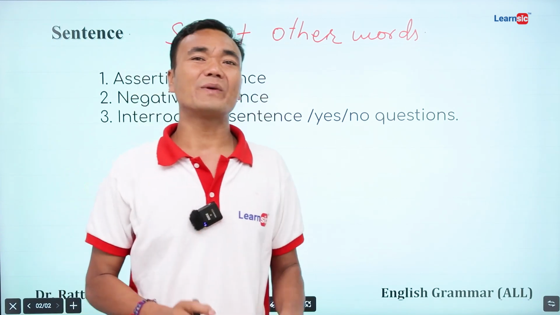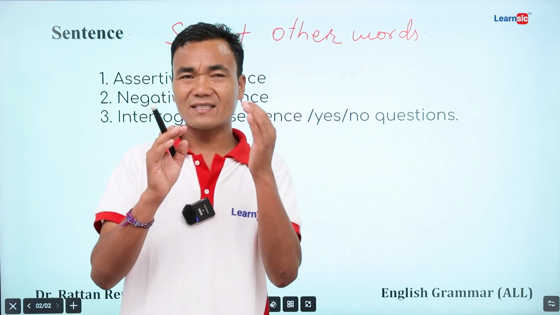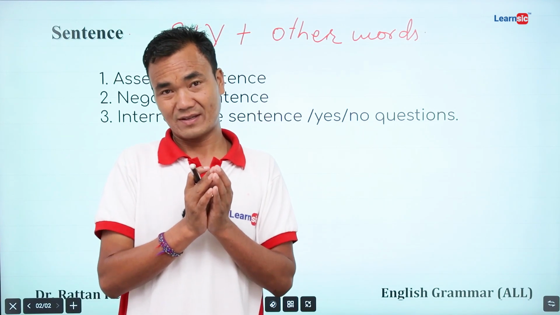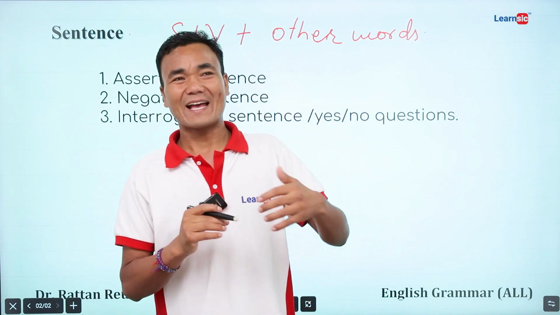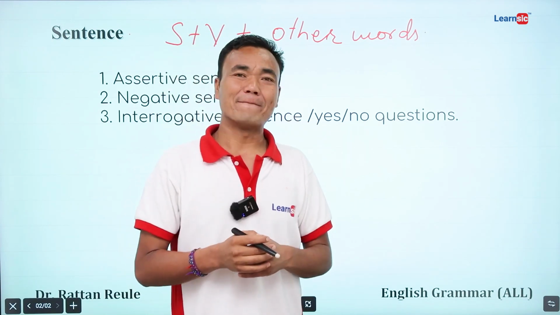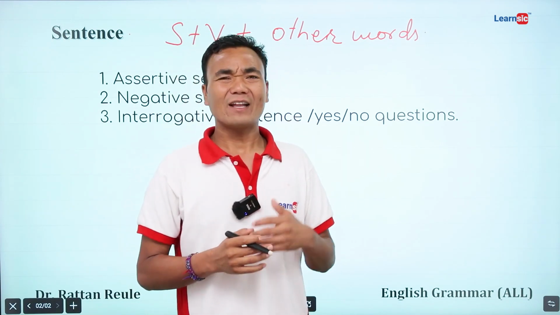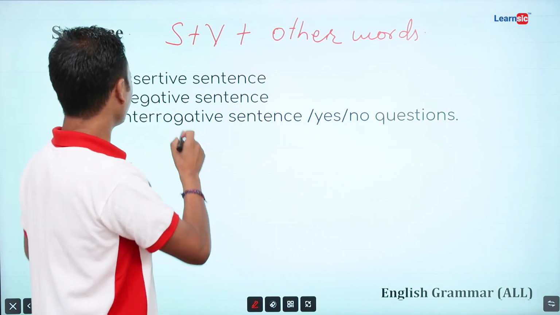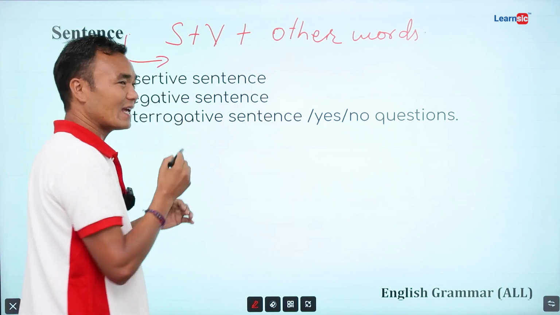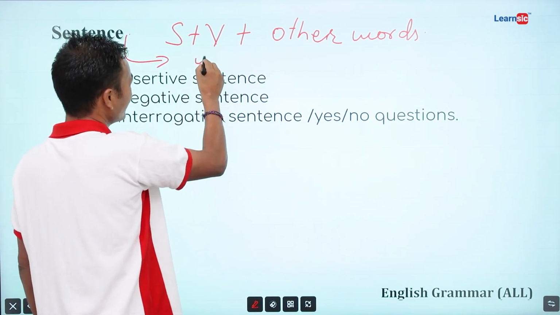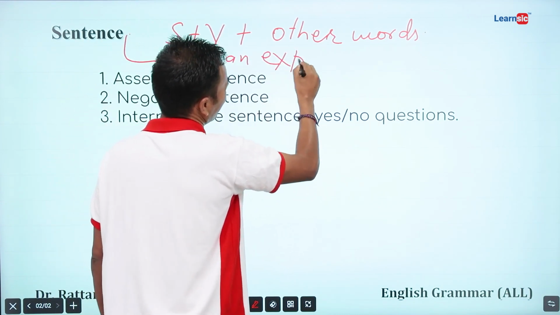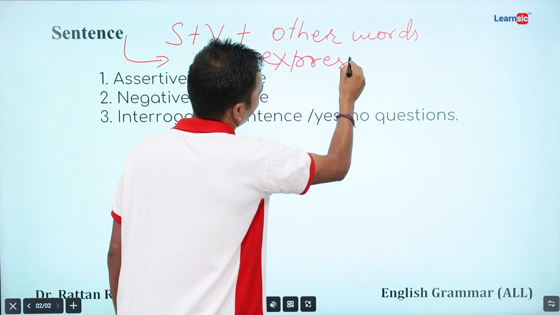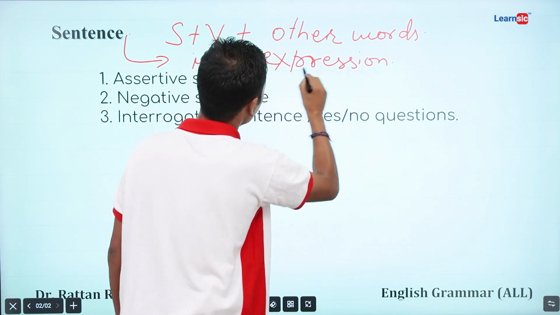At first we can say a sentence is our expression. Expression of anger, expression of happiness, expression of sadness and whatever else. So basically a sentence in any language is an expression. It is an expression, right? So this is very important.